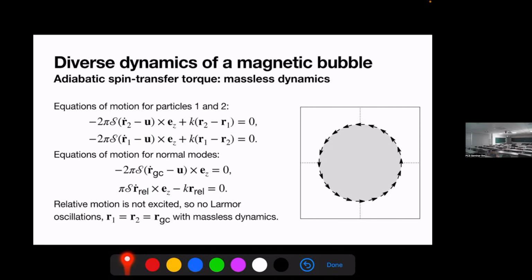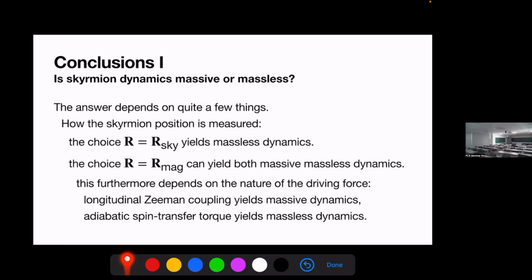Again, another way to put it is to look at the equations of motion for normal modes. You can see that the guiding center couples to the current or spin torque from current, and the relative position does not. So it knows nothing about it. And turning on suddenly the electrical current does not produce the oscillations of relative motion. So no Larmor precession and massless dynamics, therefore.